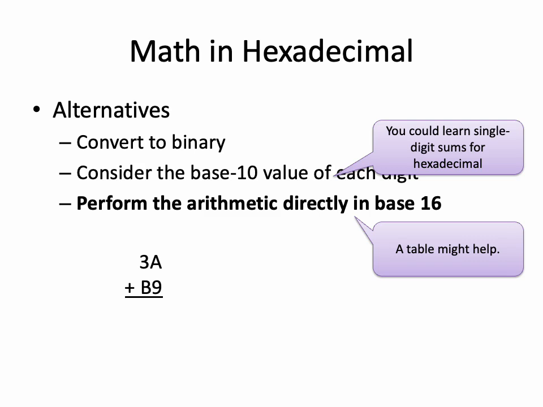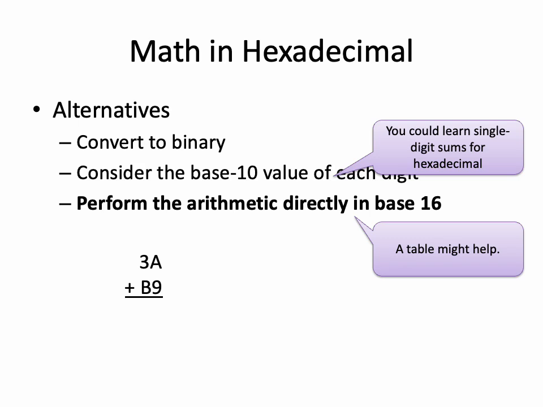Finally, you could perform the arithmetic directly in base 16. So if you wanted to, you can basically memorize the single digit sums. You basically know how to do this in base 10 anyway, because you know that if I carry from a 9, I get an 8, and 8 goes down to 7.